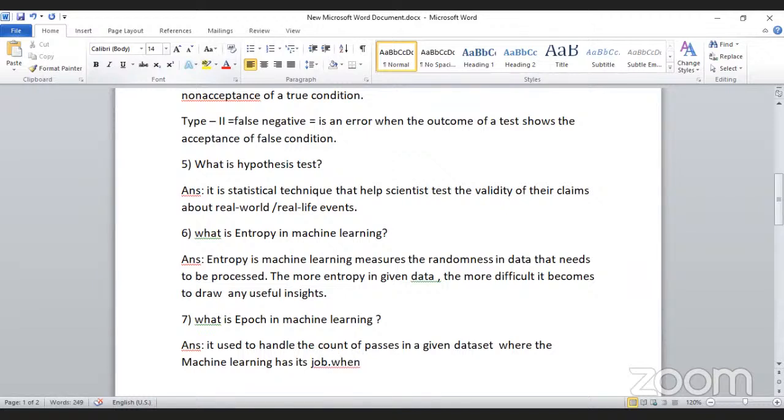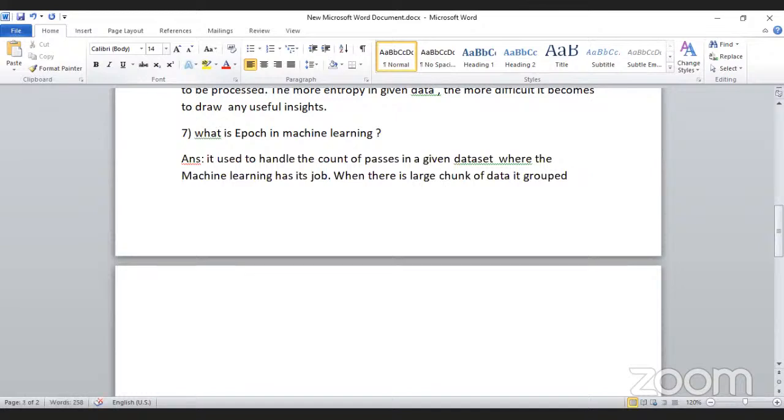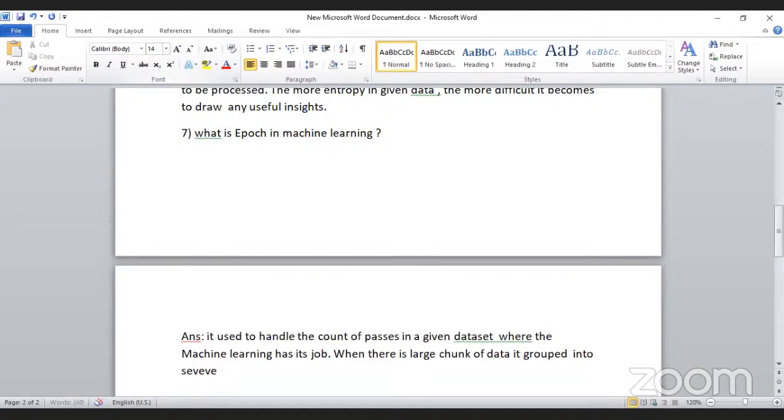When there is a large chunk of data, it is grouped together, or we can say it is divided into several batches.